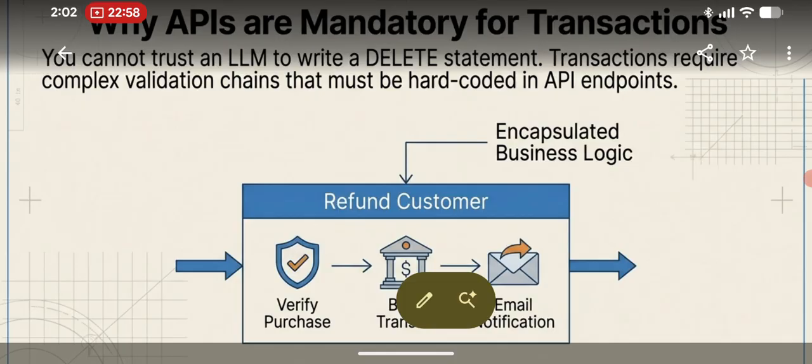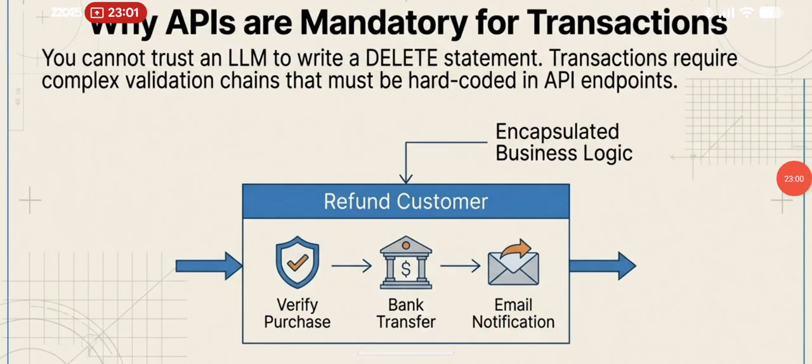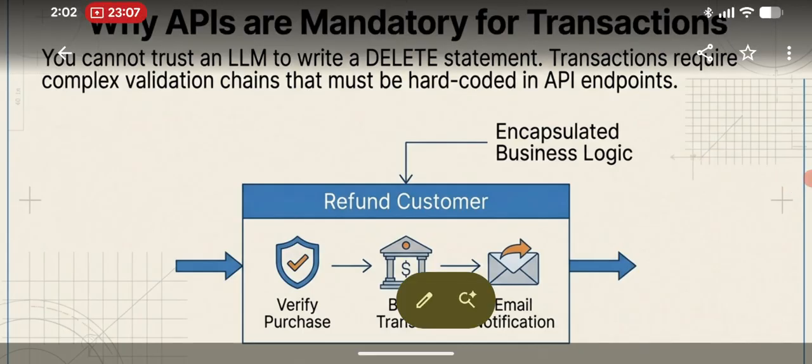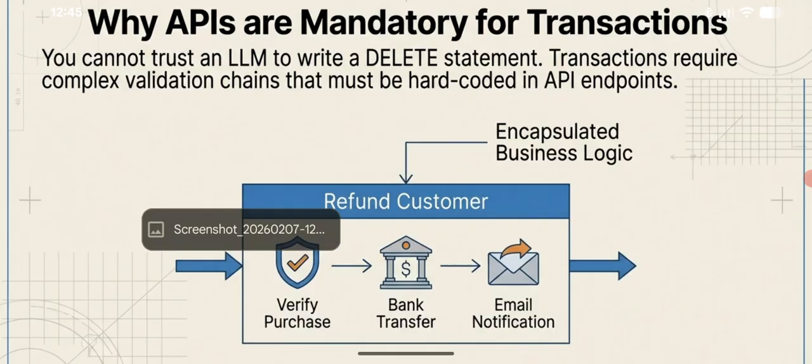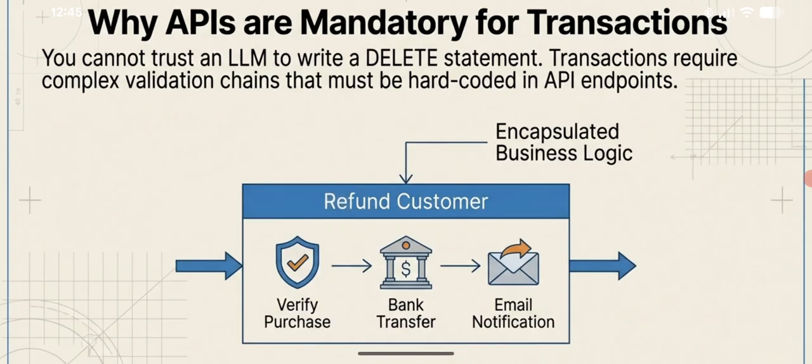Like before refunding any customer, we need to verify the purchase, verify the bank, do the bank transfer, and do the email notifications. So it cannot be done by the agent, and so the APIs are utilized. Like in an agent, we can use tools and APIs, as we use RAG memory, and in the agent we can specify that for such a transaction you call the API.